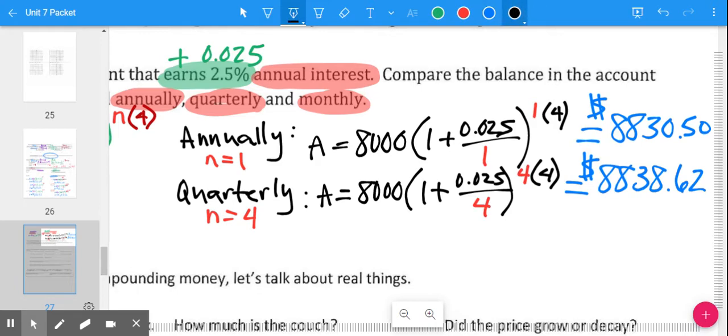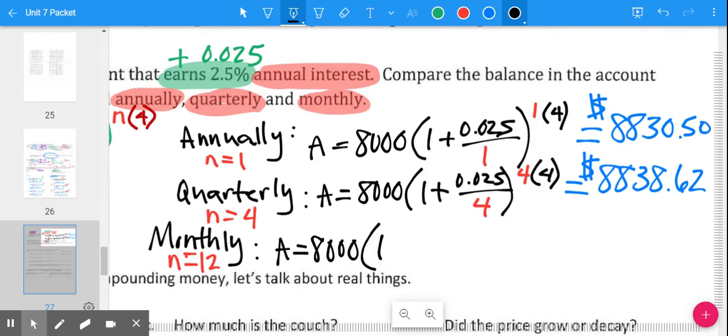Lastly, we have monthly. There are 12 months in a year. So monthly means your n value is 12. So when we write our formula, we have A equals 8,000 times 1 plus 0.025 over 12, n times t in your exponent.